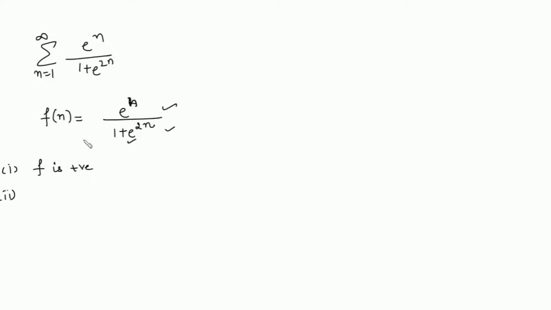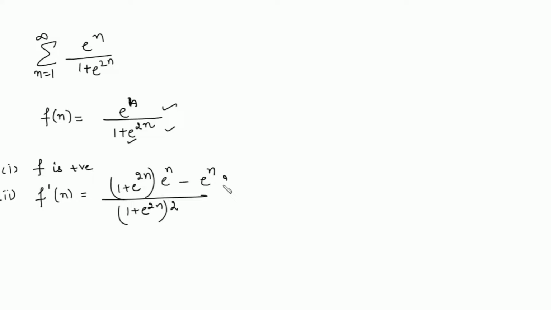Secondly, this function is decreasing. Why? You find out the derivative of this. What is this derivative? This is 1 plus e to the power 2n into the derivative of e to the power n, minus this as it is into the derivative of 1 plus e to the power 2n.